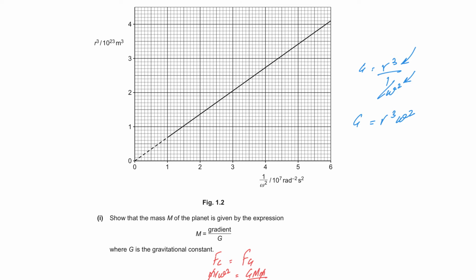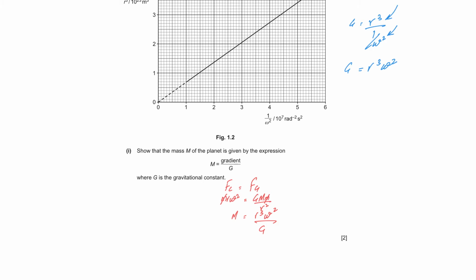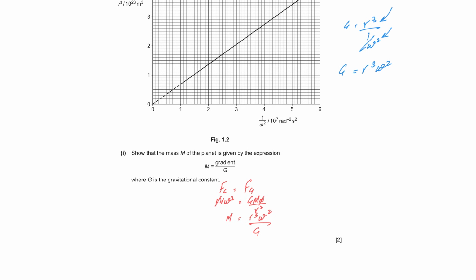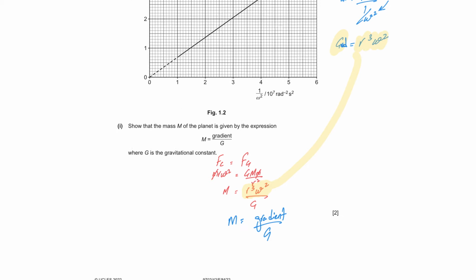So this numerator here is actually the gradient. So we'll replace this with the gradient. M is equal to gradient over G, the gravitational constant. This here is gradient. Don't mistake this for G, the gravitational constant.